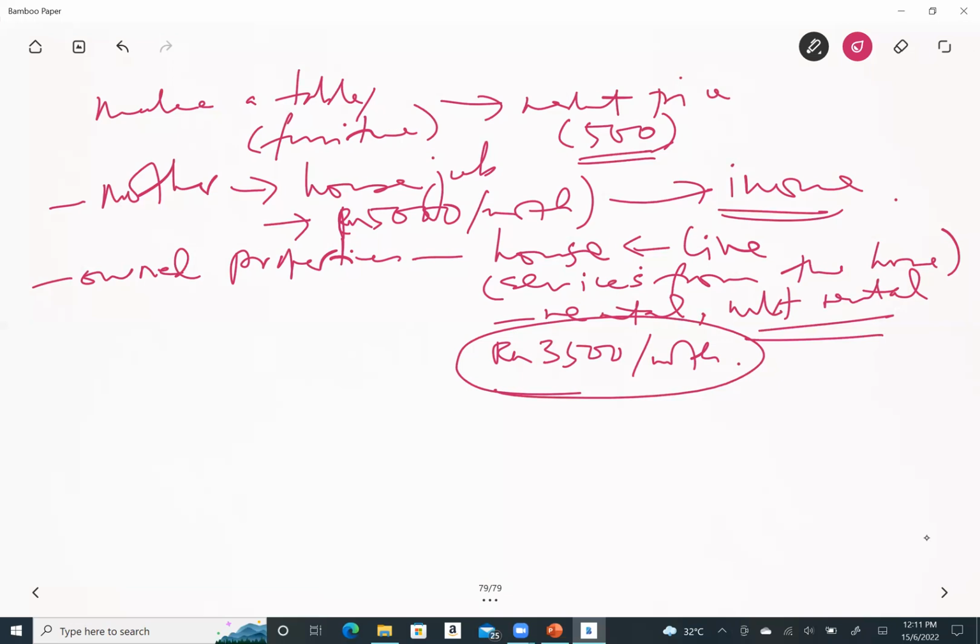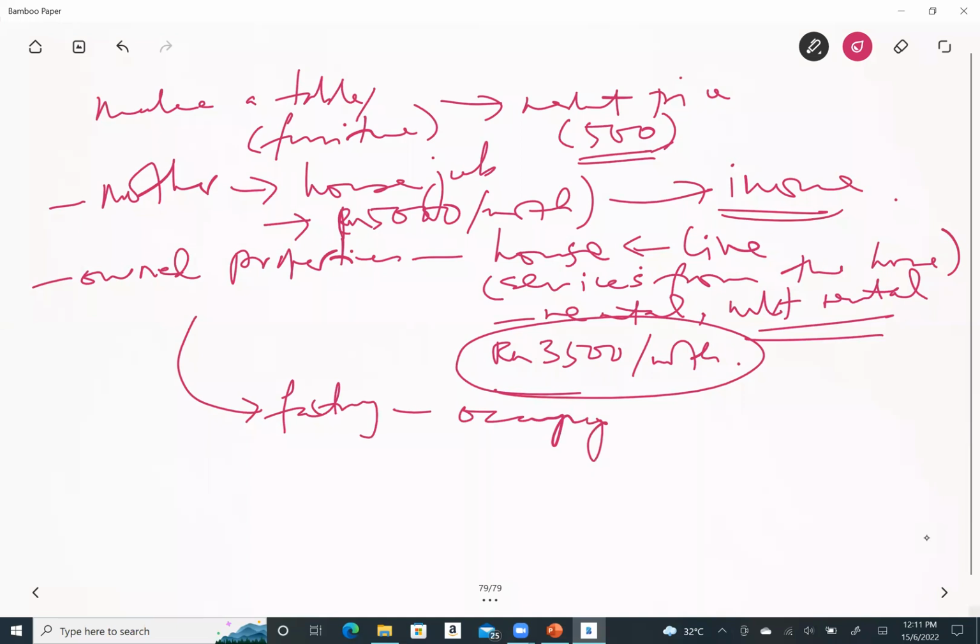Okay, you get it? Or you have a factory. You occupy that factory. Let's say you have a company producing screwdrivers, and you produce them in your own factory. But you got the services from the factory, so you have to count rent. That rental is again the market rental.